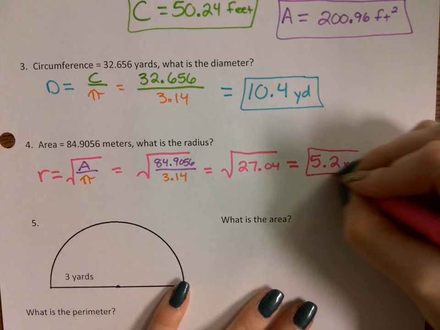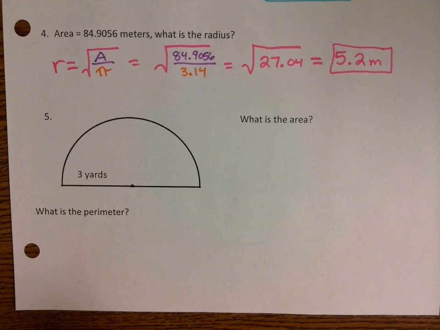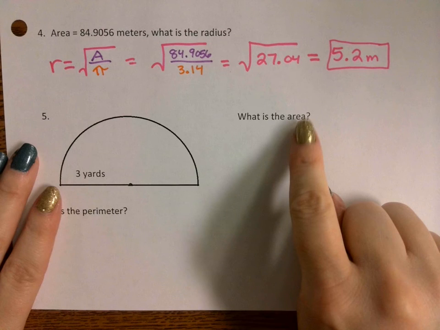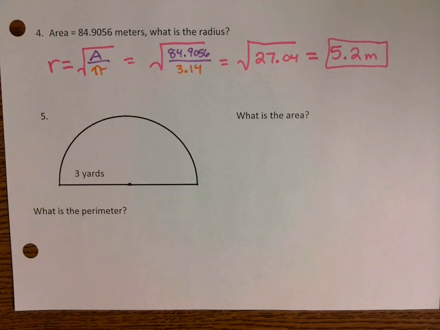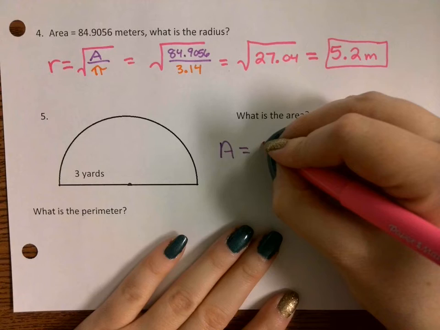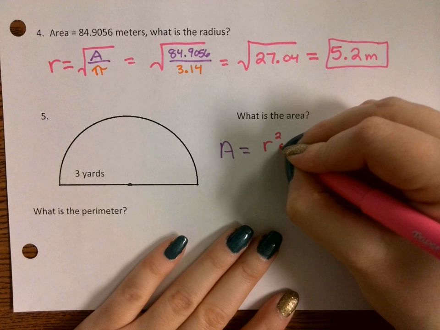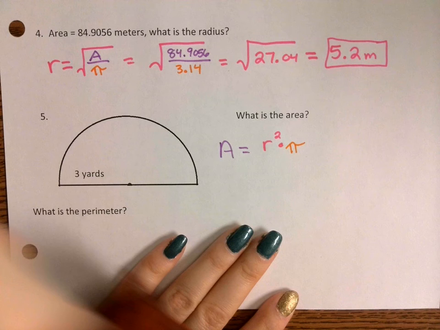All right, for problem number 5. Problem number 5, we first want to solve for the area. So this is not a full circle, is it? This is a semicircle, which means that our area formula is similar. We're going to take the radius squared. We're going to multiply it by pi, but then at the very end, we're going to divide it in 2 because it's half of a circle.